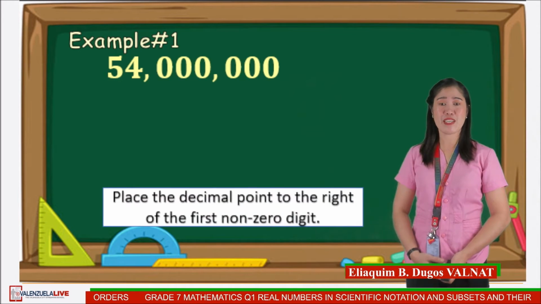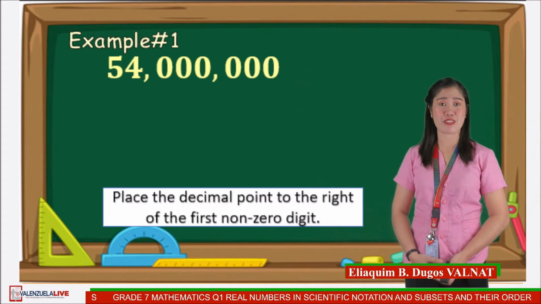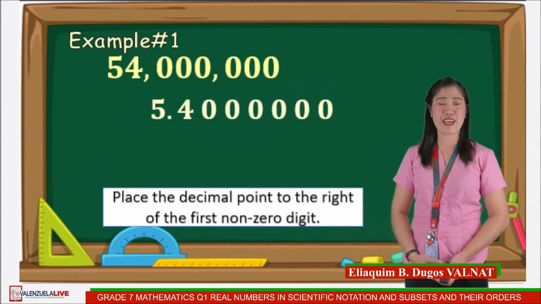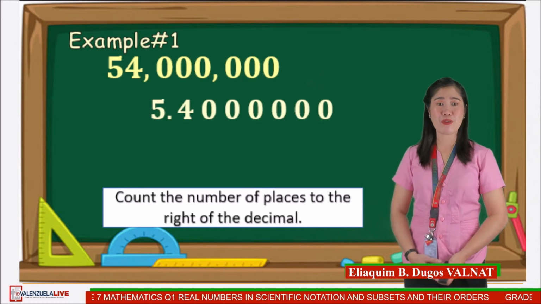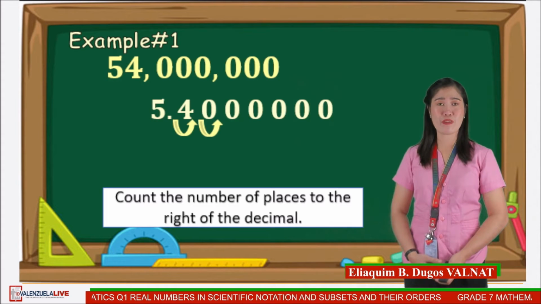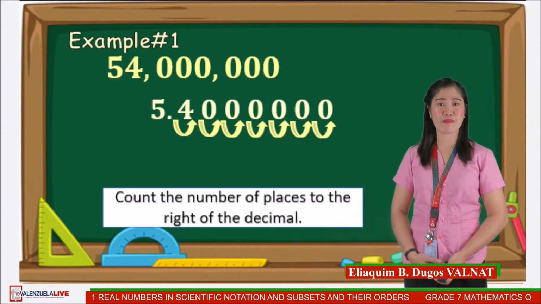First, place the decimal point to the right of the first non-zero digit. Next, count the number of places to the right of the decimal point. Let's count the number of places. 1, 2, 3, 4, 5, 6, 7.